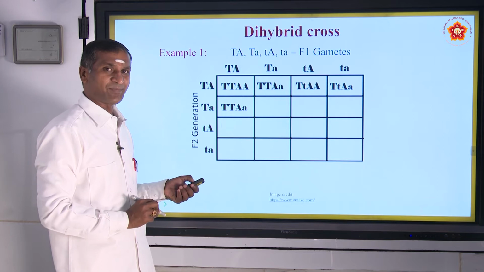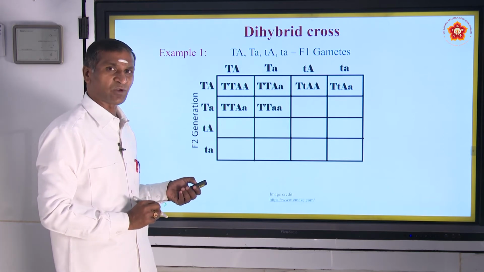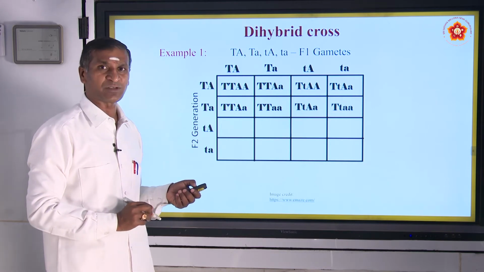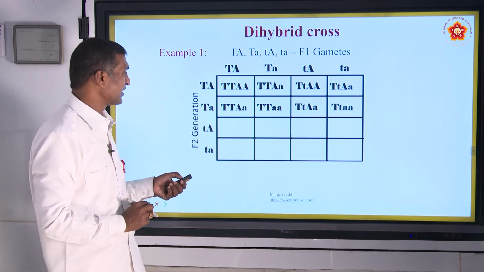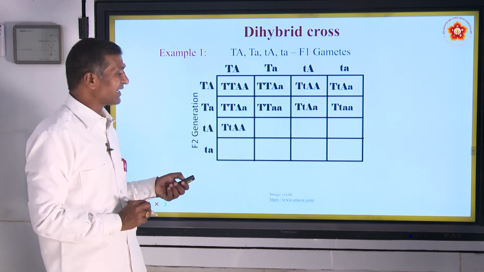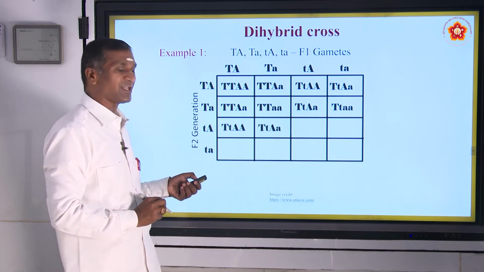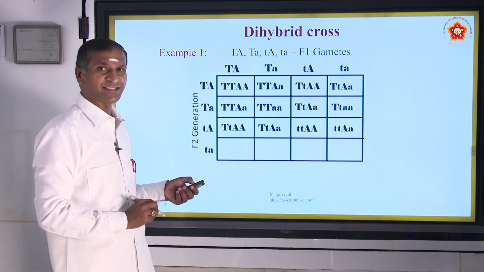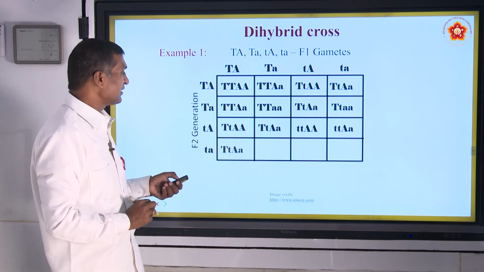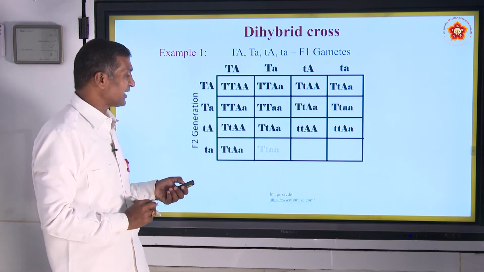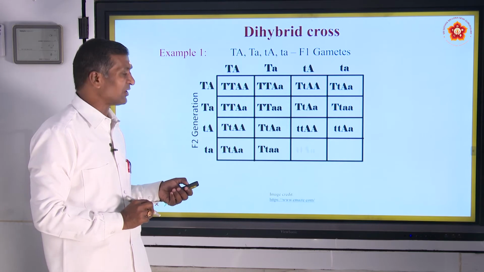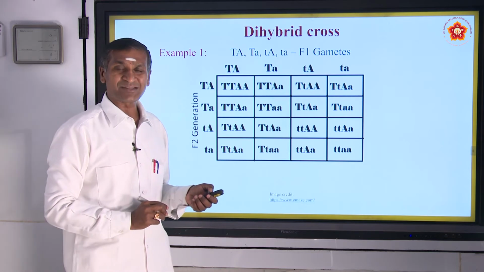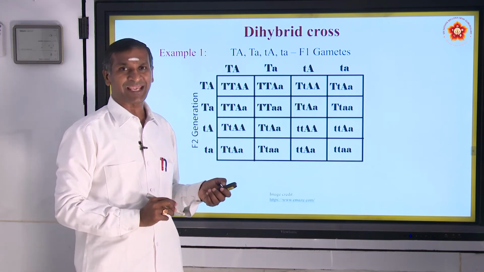Capital T, capital T, capital A, small a, capital T, small a, small a, capital T, small t, capital A, small a, capital T, small t, small a, small a, small t, capital A, small a, small t, and small a, small a.